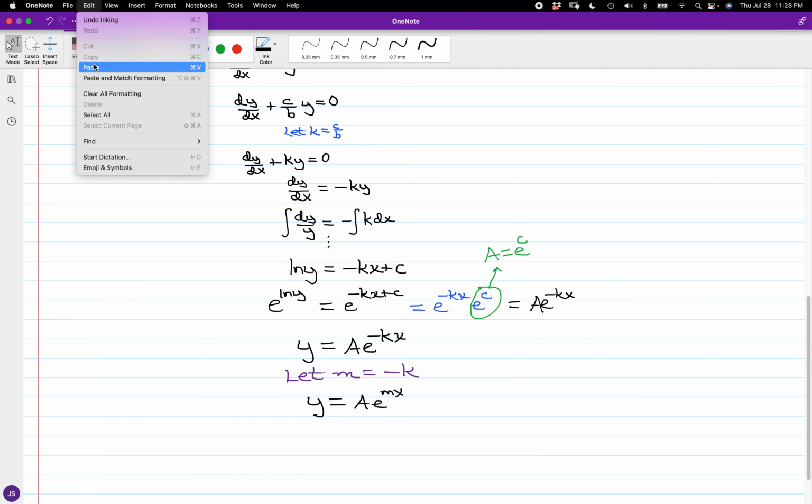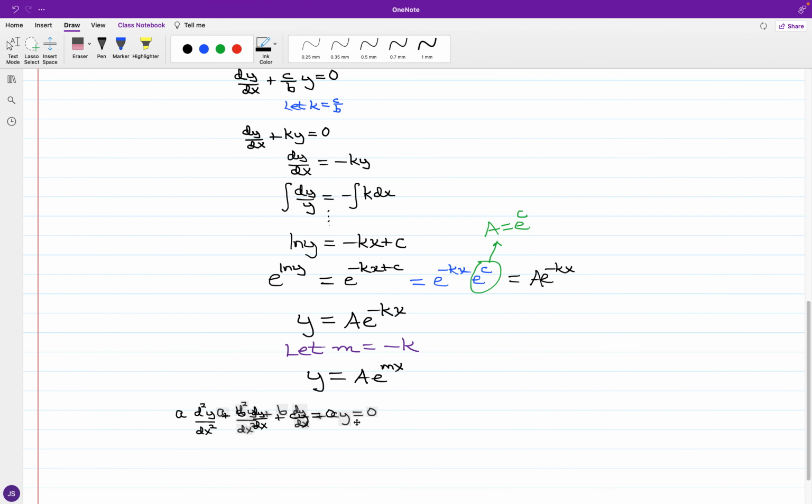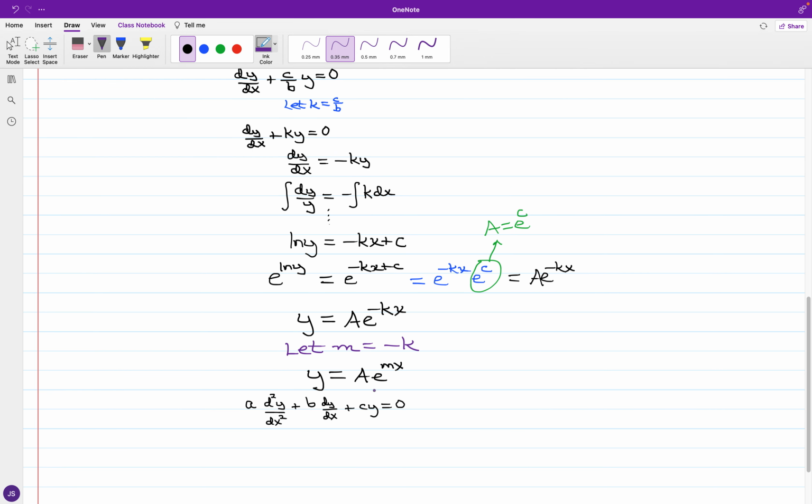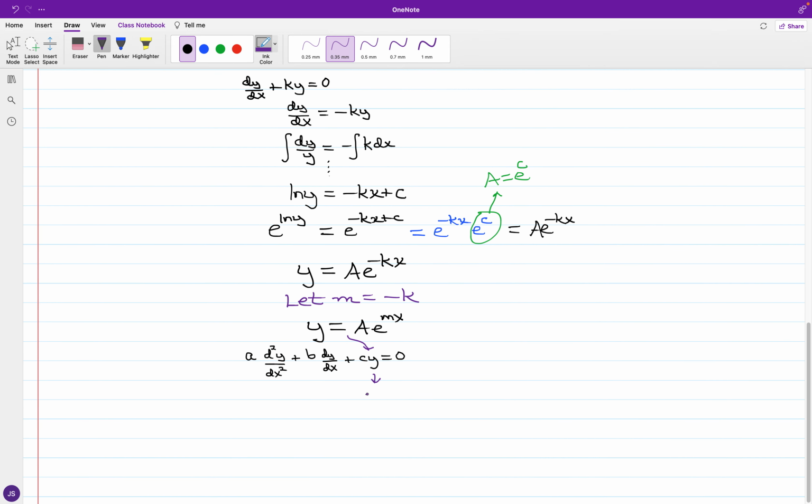And so going back to our homogeneous second order equation. For the general solution, you have y equal to a times e to the mx, and lining things up here, y is equal to a times e to the mx.